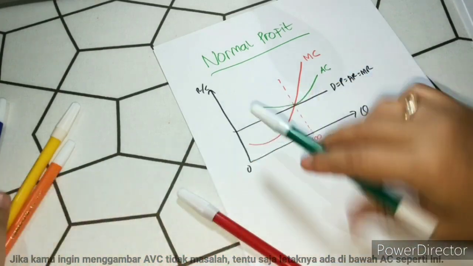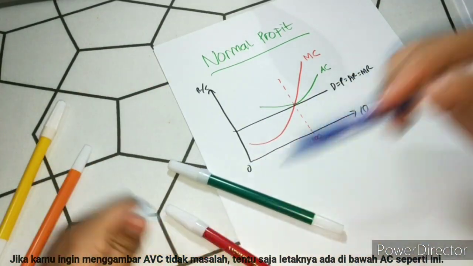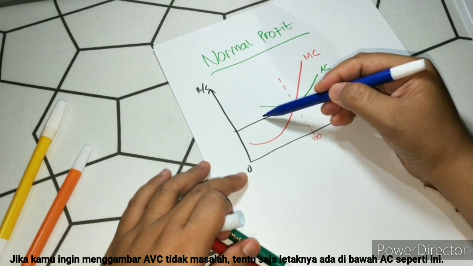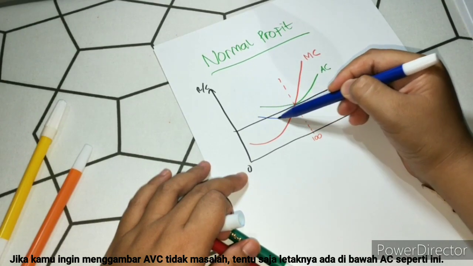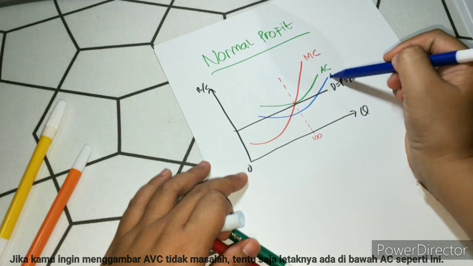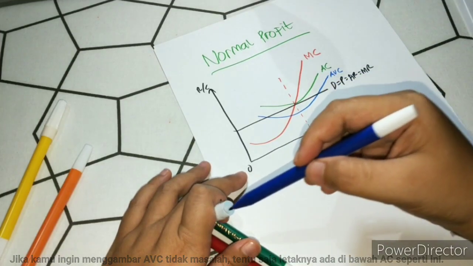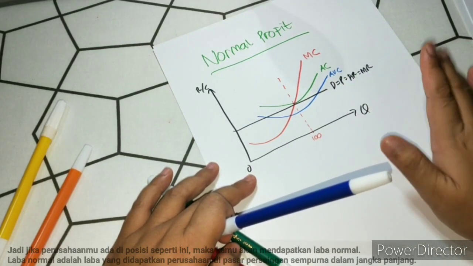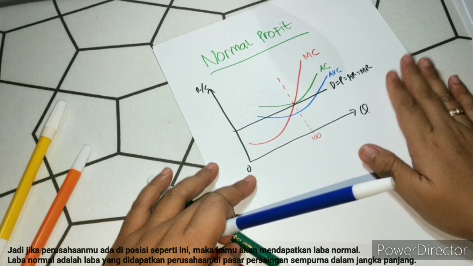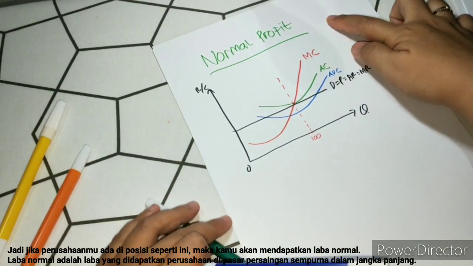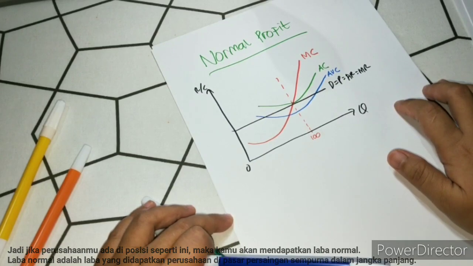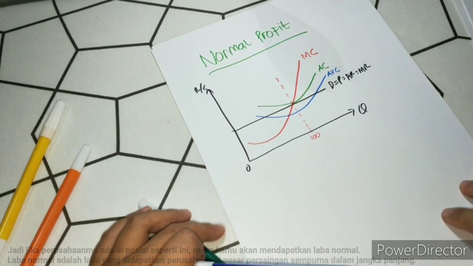If you want to draw the average variable cost, it is okay as long as it is drawn below the average cost, like this one. If your company is in this position, it means your company will get the normal profit. And the normal profit is the profit companies in a perfect competition market will get in the long run.